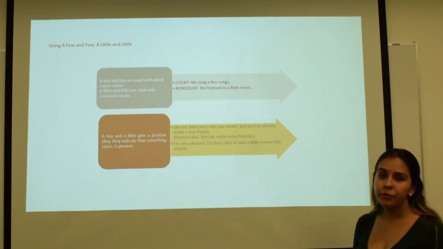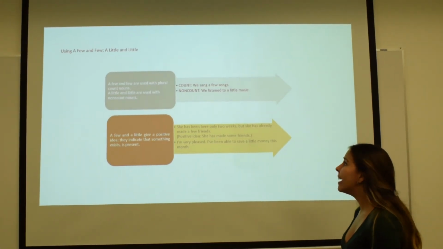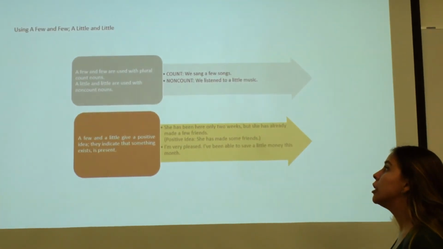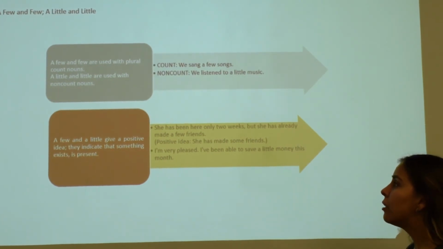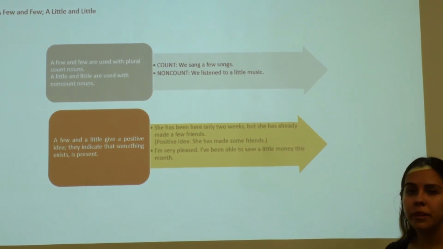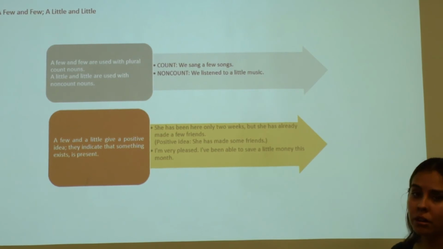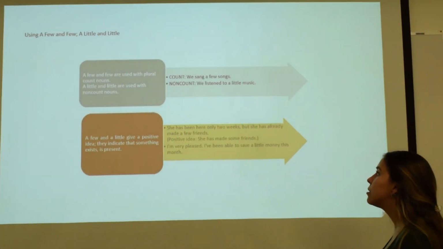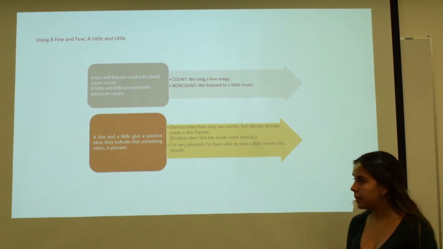Using a few and few and a little and little. A few and few are used with plural count nouns. A little and little are used with non-count nouns. So, count: we sang a few songs. Non-count: we listened to a little music.